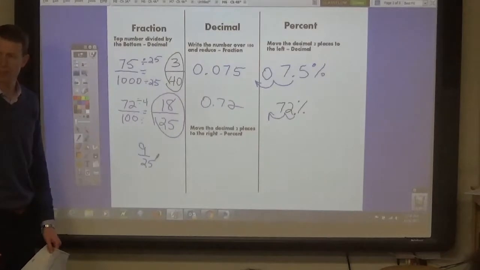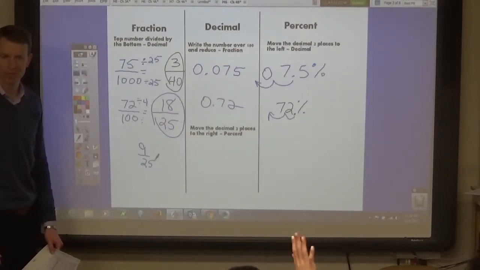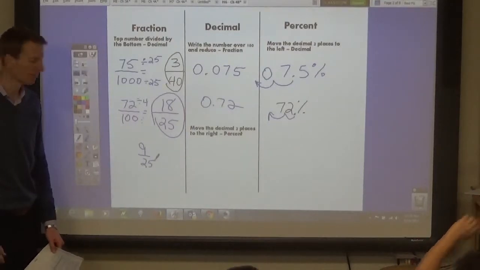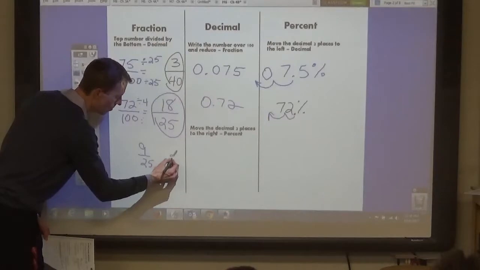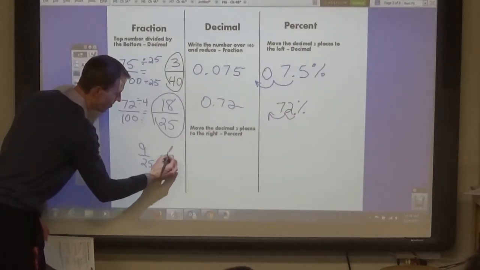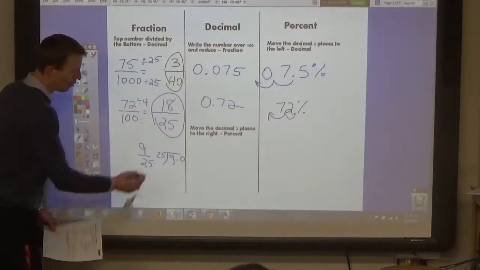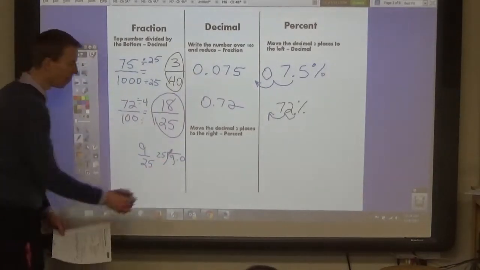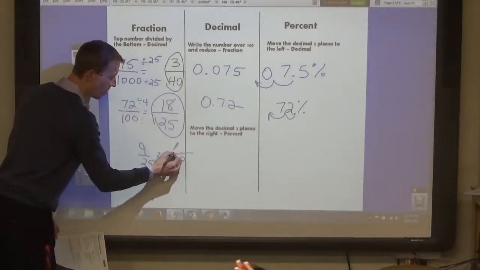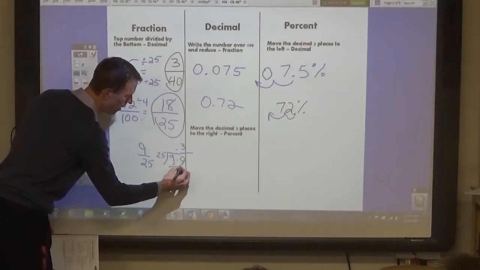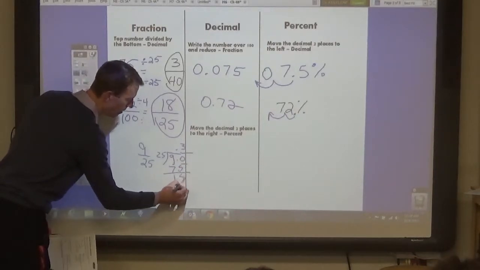What's 9/25ths? How do you find the decimal form? You put 9 in the middle and divide by 25. Yep. 25 goes into 90 how many times? 3 times. So it's 3, 75, remainder 15.